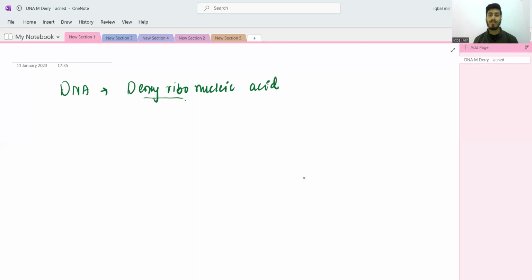You know what is ribose? Remember the chemistry classes? See here, ribose sugar. It is a 5-carbon sugar. The structure is like this. So this is the structure of ribose sugar. If we see the chemical composition, here we have OH.